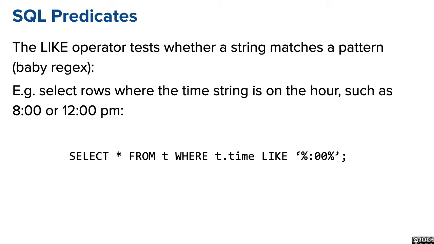So the % sign at the beginning says you can have any number of characters come before, and the percent at the end of the string means you can have any number of characters come afterward. And so this specific query will check whether the time contains the substring :00, which could indicate, for example, times that occur on the hour, or perhaps times that occur on the minute.